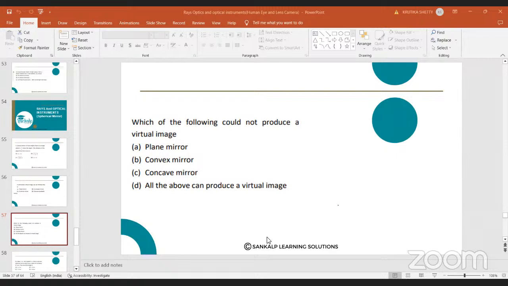Correct. That is option D is right. That is, from plane mirror, convex and concave, all mirrors, virtual image is produced. Okay, then the next question.